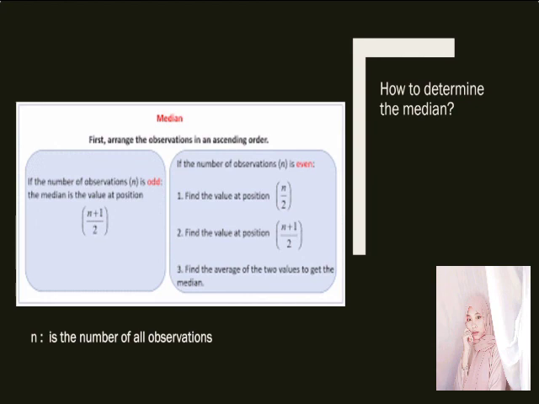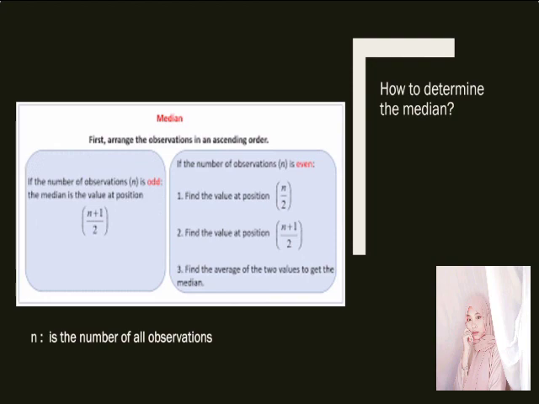The first is if the number of observations is odd, the median is the value at position n plus 1 divided by 2. And if the number of observations is even, we need to determine 2 positions. The first is n divided by 2, and the second is n plus 1 divided by 2. And then the last is to find the average of the 2 values to get the median.